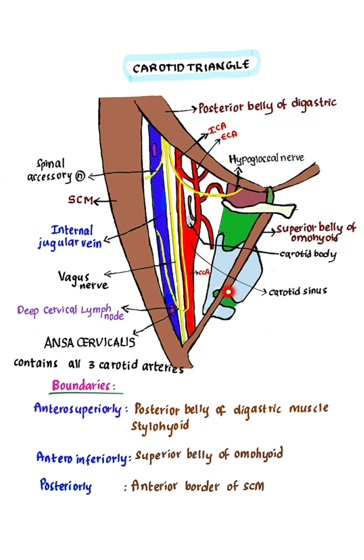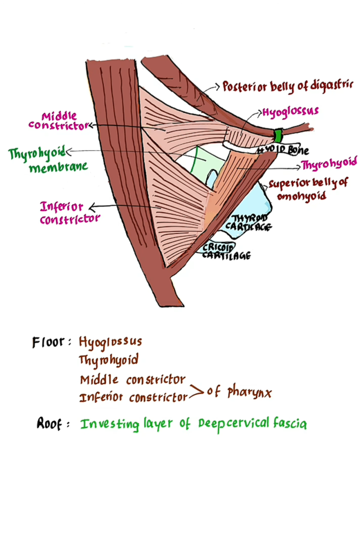This is anterior side, this is superior, this is inferior. Posteriorly, anterior border of sternocleidomastoid. Floor is formed by four muscles: hyoglossus, thyrohyoid, middle constrictor of pharynx, inferior constrictor of pharynx. Roof, it is formed by investing layer of deep cervical fascia.